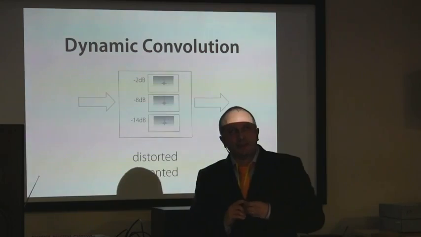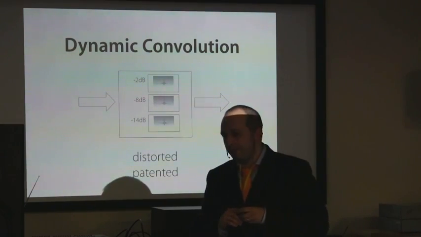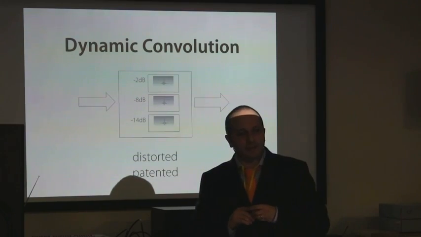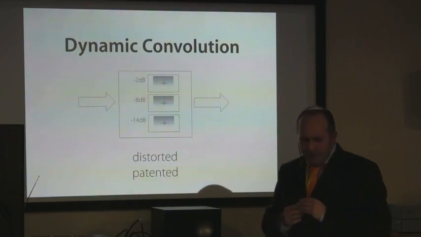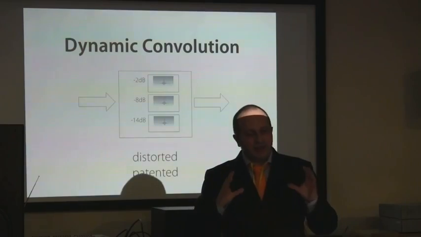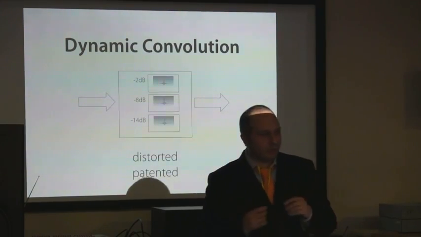This slide is about dynamic convolution. We are not doing dynamic convolution, so I'll explain immediately why we are different. It's very basic as a slide, but I think it is quite effective. What is really dynamic convolution?